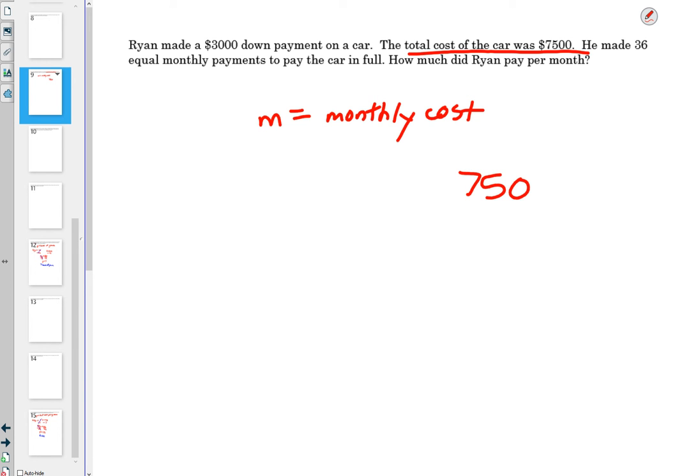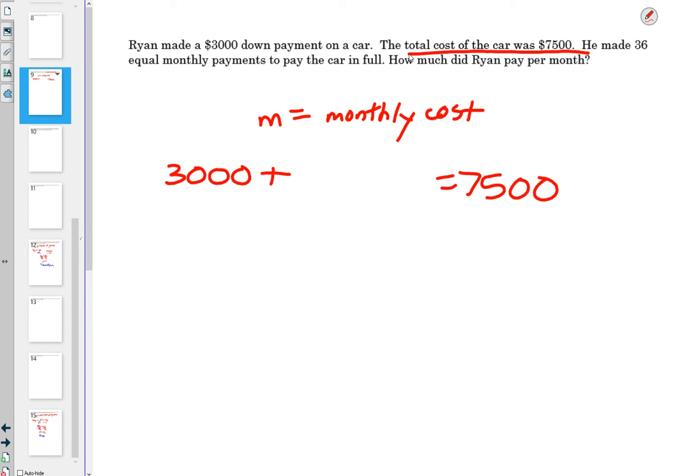So the total cost was 7,500. What's a down payment? It's the initial payment. It's what you're putting up front. Eventually you're going to subtract it, but you actually start off adding that, because you need to pay for the car.